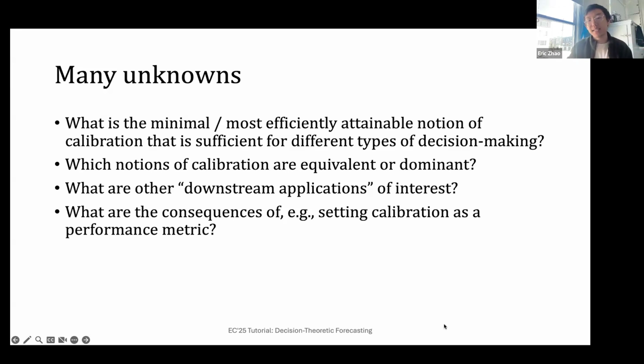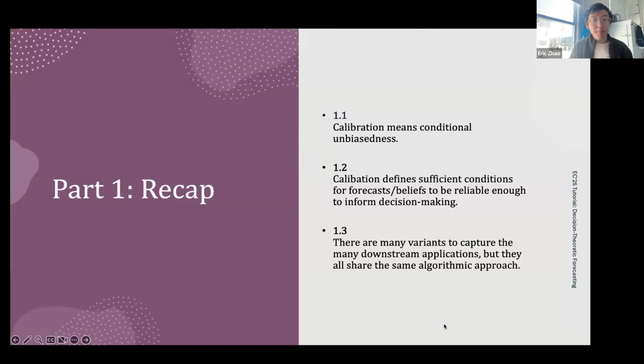For example, what are the incentives that it creates for forecasters? What are the broader ecosystem consequences of using calibration to measure the accuracy of people's beliefs? And yeah, that'll conclude the part.